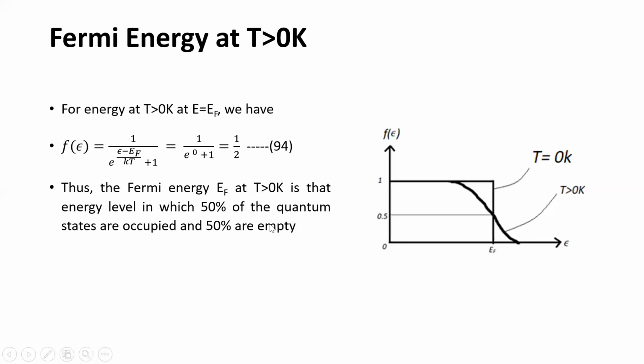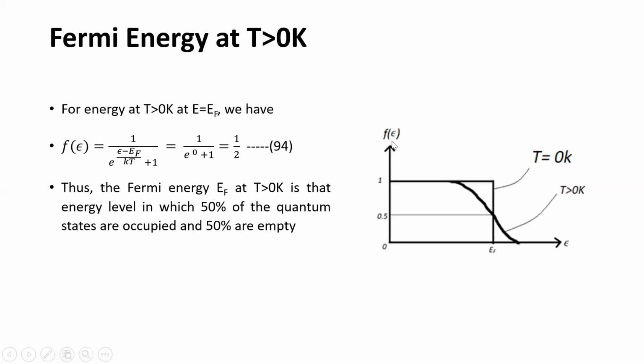So from this we can understand that when T is greater than 0 Kelvin at Fermi energy, half of the energy states will be occupied and half of the energy states will not be occupied. So when we increase the temperature from 0 Kelvin, some electrons which are near to EF, near to the states of Fermi energy, will jump to higher energy states. And that is shown in this figure. Here this curve shows T is greater than 0 Kelvin.